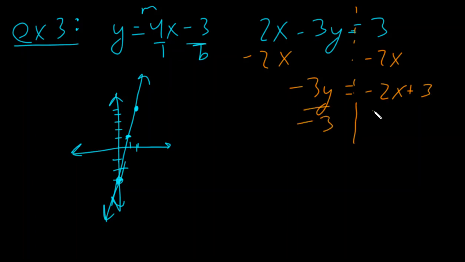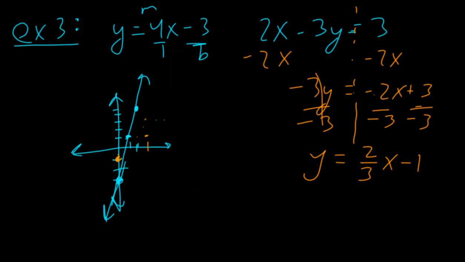And as I divide everything by negative 3, I'll get this. y is equal to, a negative divided by negative is a positive 2/3 x, and a positive divided by negative is a negative 3 divided by 3 is a 1. And now I can graph my second line. It goes down 1, and then it'll go up 1, 2, and to the right 2, 3, and then it'll go up 1, 2, and to the right 1, 2, 3, fill in my tick marks.